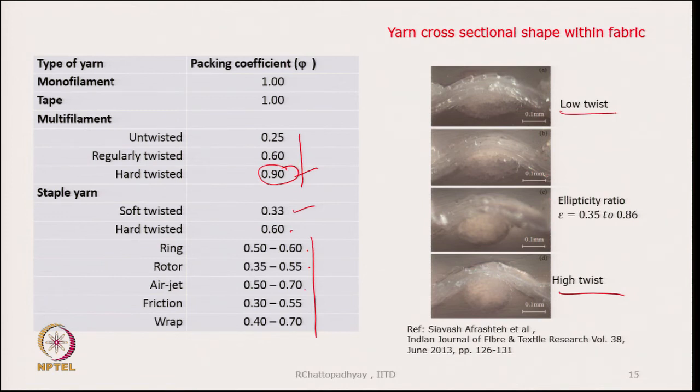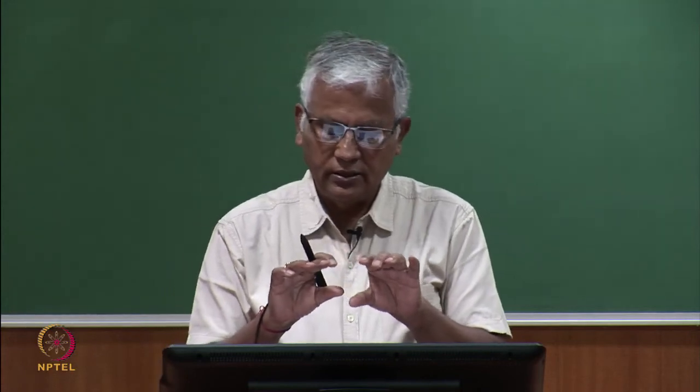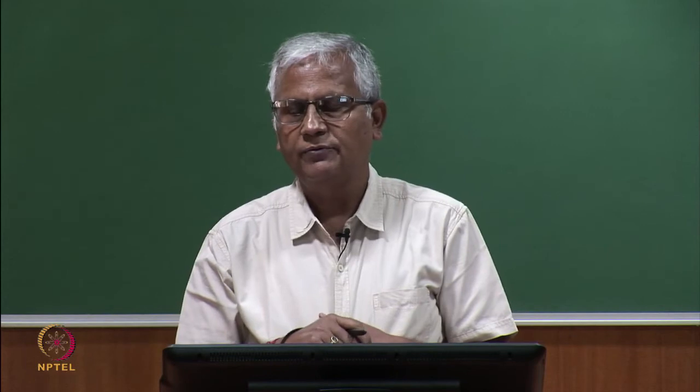These images are for filament yarn, and we see that the image is elliptical when the twist is low, and it becomes almost circular when the twist is high. So, the level of deformation the yarn is going to experience within the fabric depends upon how much twist was inserted into the yarn.